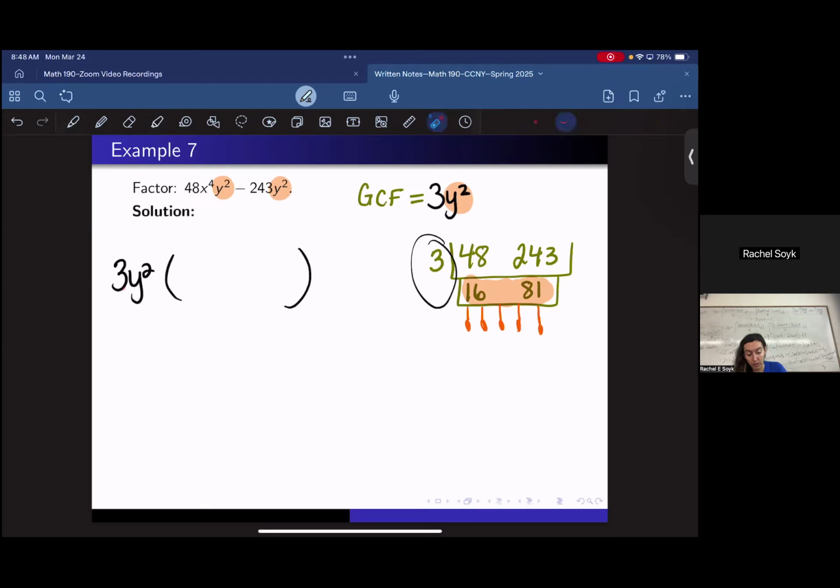Well, 3 times what gives you 48? Our 16. So we have our 16 and then our x to the fourth minus, and then 3 times what gives you that 243? We have that 81.